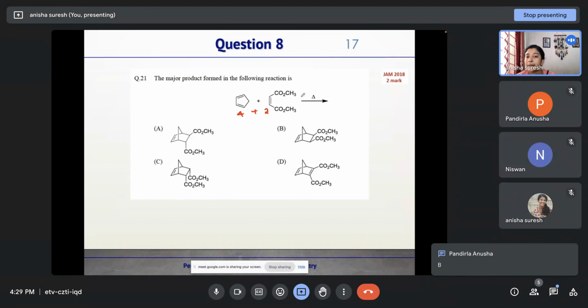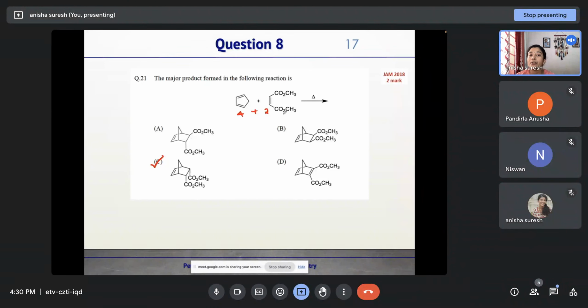The right answer will be actually C, because this CO2CH3 has a carbonyl group, and that carbonyl group will be able to have secondary orbital interaction with the other lobes of this diene. As we have seen, it will follow the endo rule of Diels-Alder reaction.